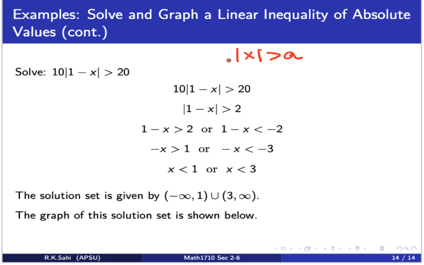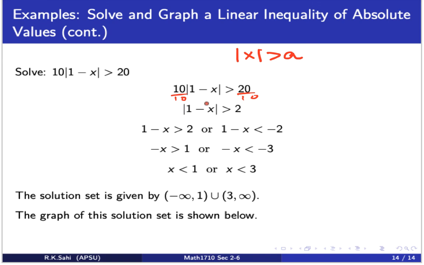That means in front of the absolute value, you have to have the coefficient 1, which is not present over here. So that's the first thing we have to do. We have to get the 10 out of here. How do we do it? We divide this whole inequation by 10, and it's a positive number, so it's not going to affect the inequality. What do we get? Absolute value of 1 minus x strictly greater than 2.